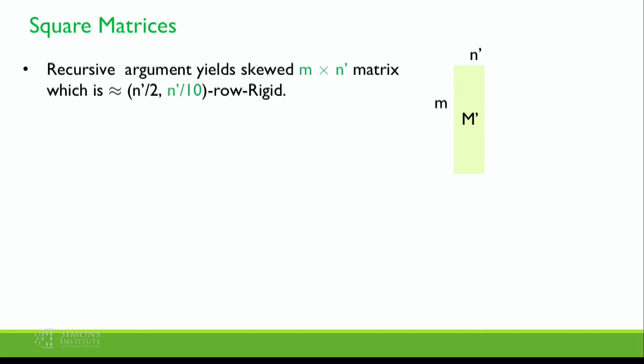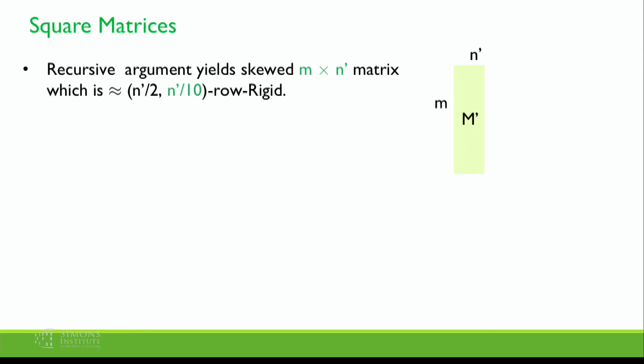So maybe polylog n or something. So the bottom line is that it produces a very skewed matrix, but the rigidity parameters are actually quite good. So in order to decrease the rank below, let's say n over 2, you need to modify a constant fraction. You need to modify like almost all the entries, or let's say n over 10 entries in some row of this matrix. Right?